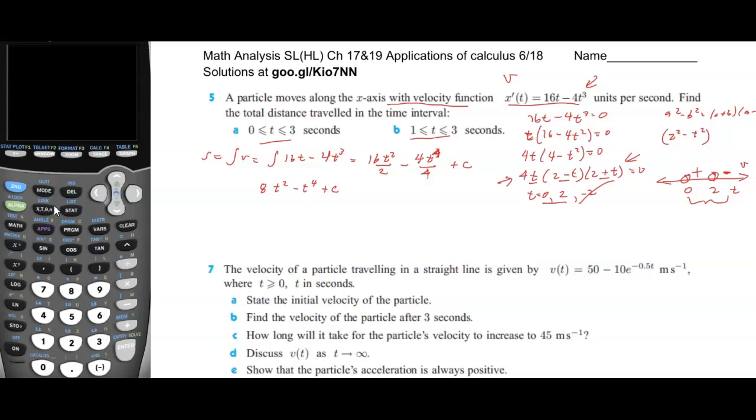Let's say that s of 0 is 0, just to have a reference point. If I put 0 here and 0 here, you can see that c is going to be equal to 0. So c can be considered 0 for now. I don't think it's going to matter. We'll check later. So the s function is going to be 8t squared minus t to the fourth. That's it.